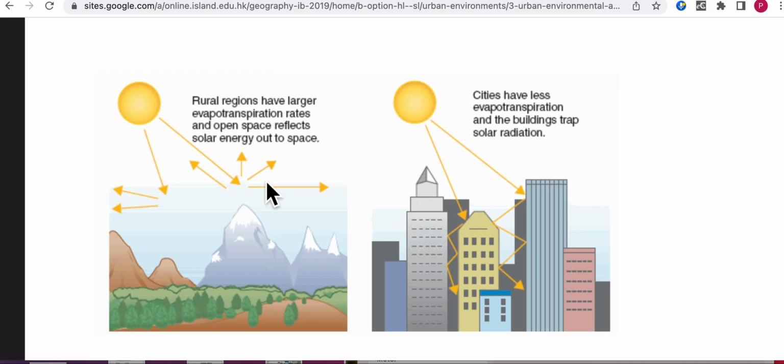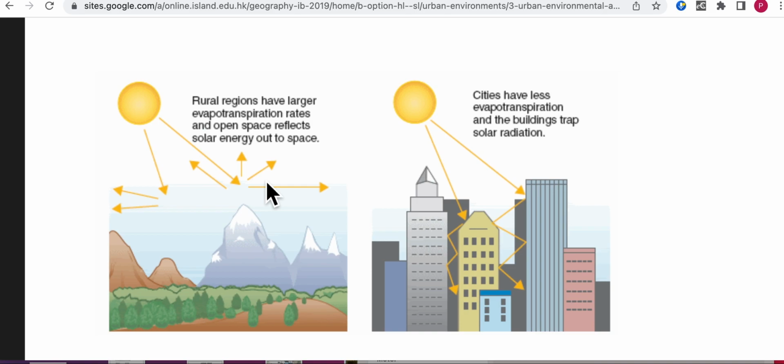What we find is that rural areas have larger evapotranspiration rates, and those open spaces are much better able to reflect solar radiation into space. That's because you have a different level of albedo in rural areas. The albedo tends to be a lot higher. There's that more reflectivity there.